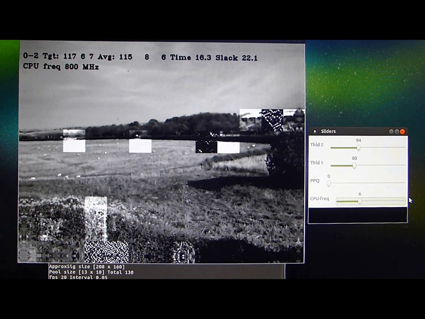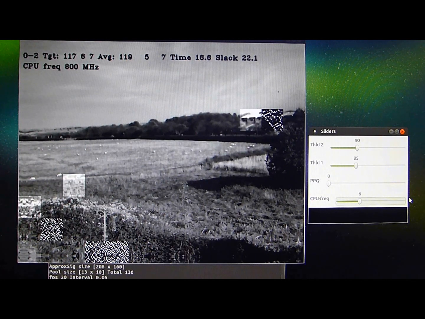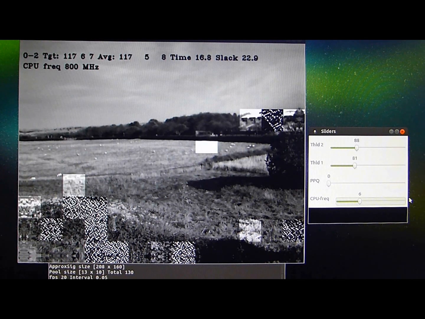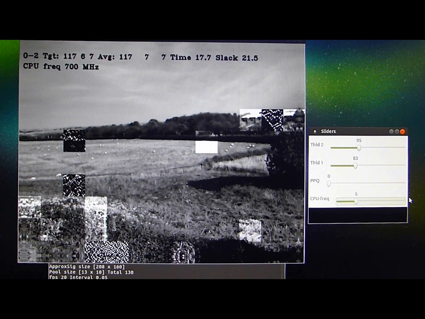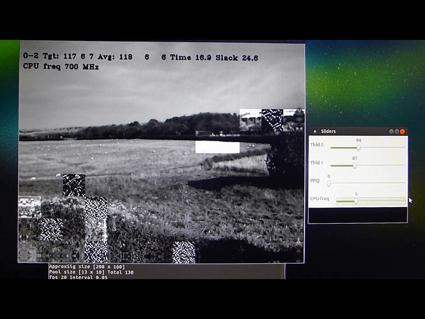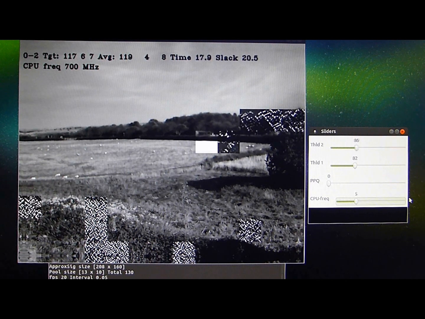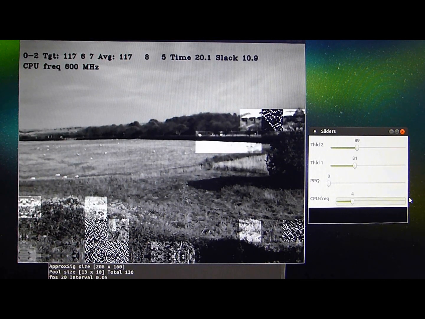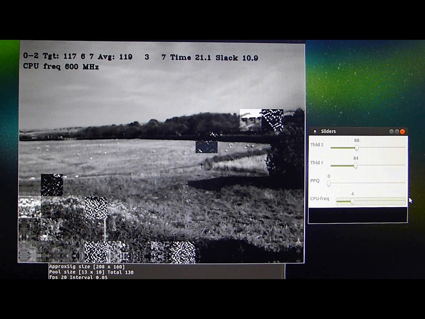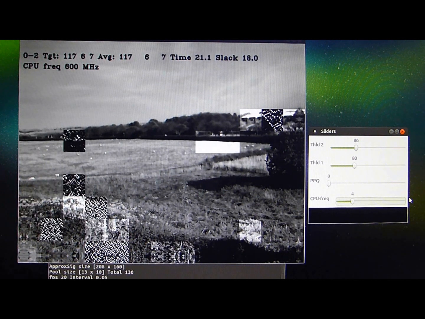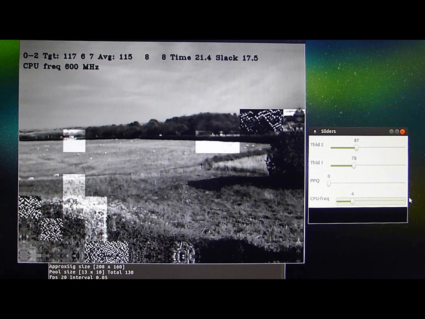Typically we can get down to about 600 megahertz without any dropping frames, and it's still picking things up there at the moment, but it's ignoring all the sheep, well, most of them. And then we're at 700 megahertz down to 600 megahertz, and it's still running fairly well in real time.